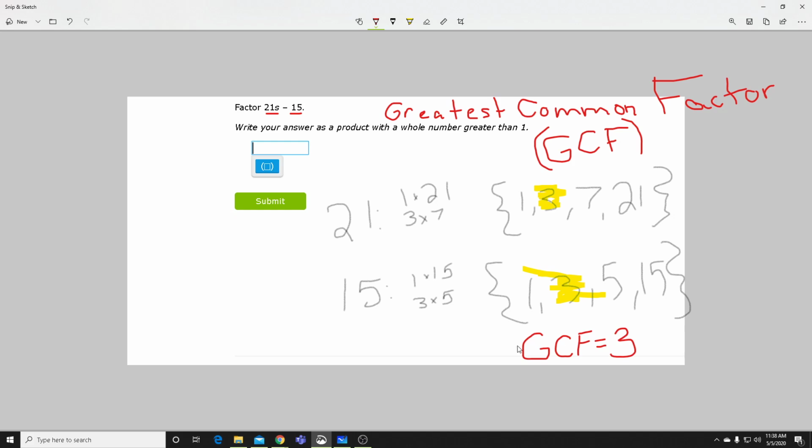Now we're going to use this GCF to factor this expression here. So we have 21s minus 15. Well, I'm going to do 21 divided by 3, and we said that works, right? 21 divided by 3 is 7. Not 21, negative 15 divided by 3 is negative 5.